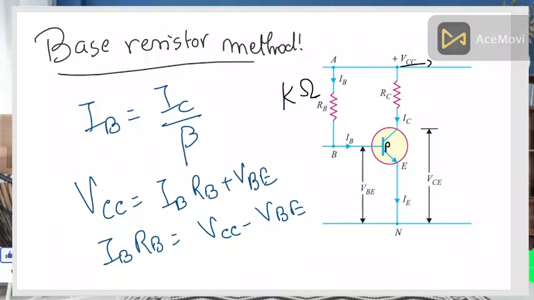For a PNP transistor, what will you do? One end of this base resistance will be connected to the N part. You have to take this thing into consideration. I will write it. Wait, first let me explain.